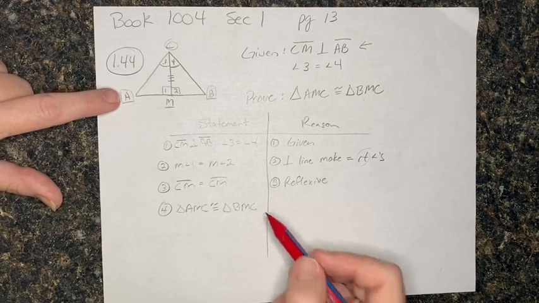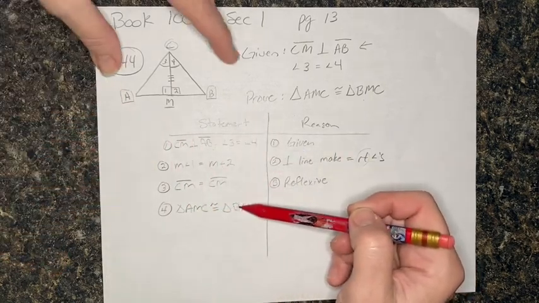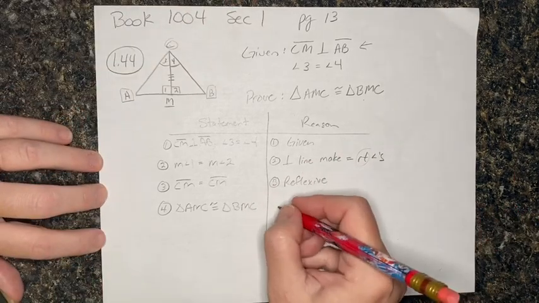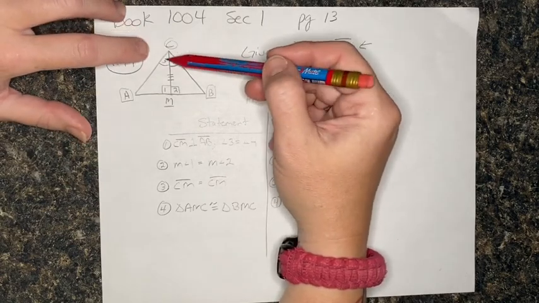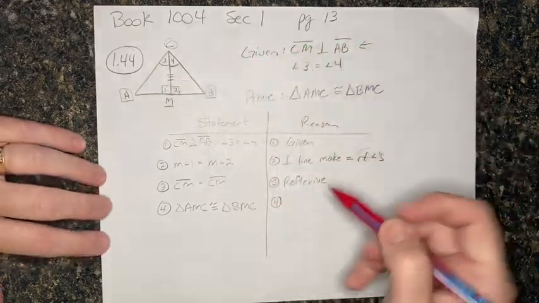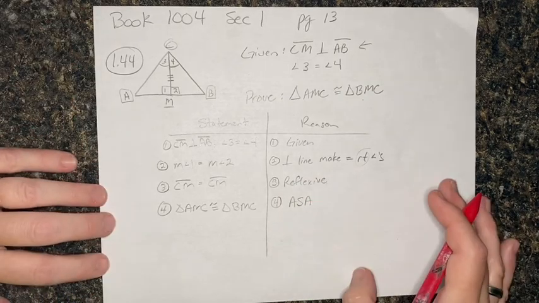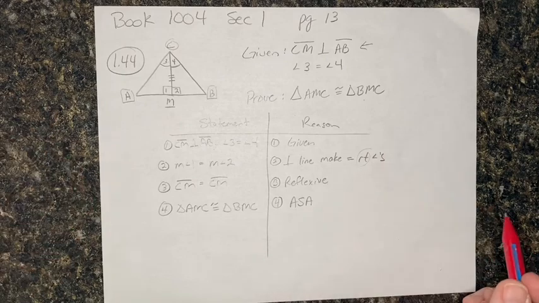Remember, we have to write them with their corresponding parts. A corresponds to B, M to M, and C to C, okay? And why can we say that? Well, what did we have when we walked around? We had angle, side, angle. Angle, side, angle. All right, so there's our proof all done up for you for number 144.